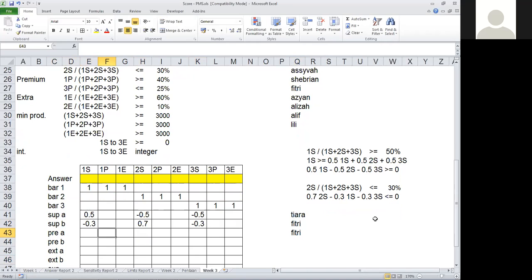Yes. Okay. Then 0.4 2P, plus or minus? Minus 0.4, yeah. 3P? And minus 0.4 3P. Good. Yes.